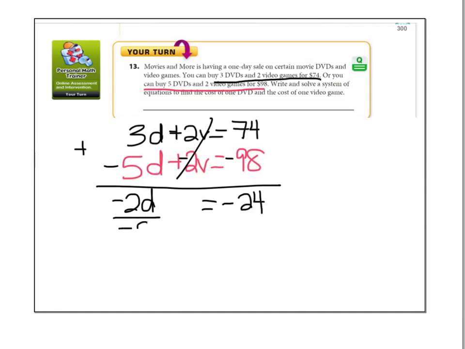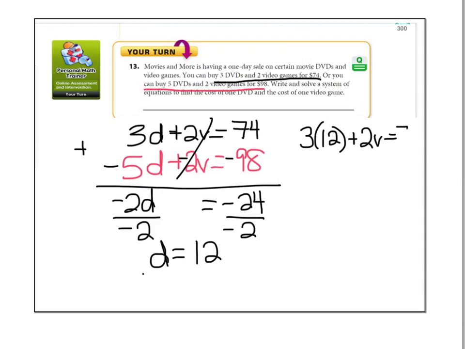Divide by negative 2 to solve for D. So D equals 12. So we bought 12 DVDs. Now we need to find out how many video games. Again, you could plug it into either original equation. I'm just going to go at the top here. So it's going to be 3 times 12 plus 2 video games equals 74. 3 times 12 is 36.